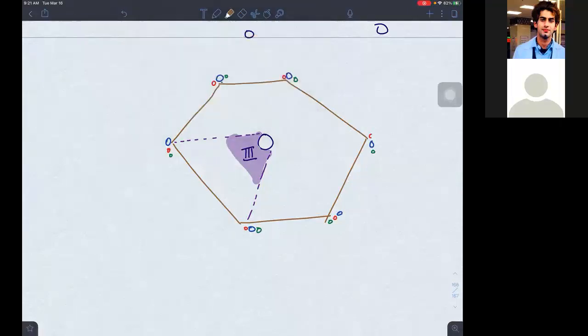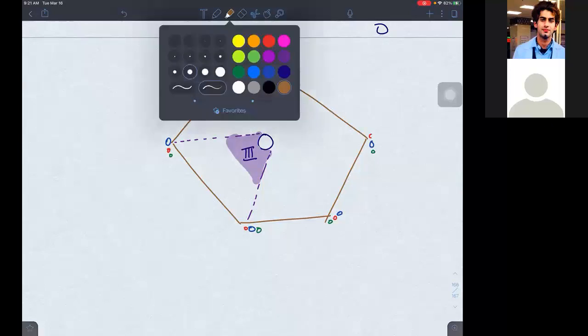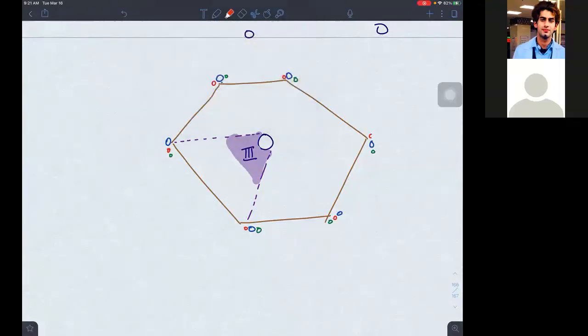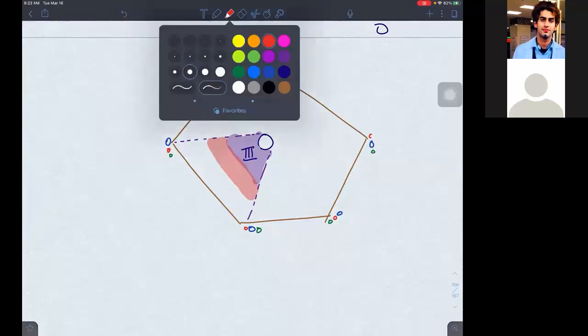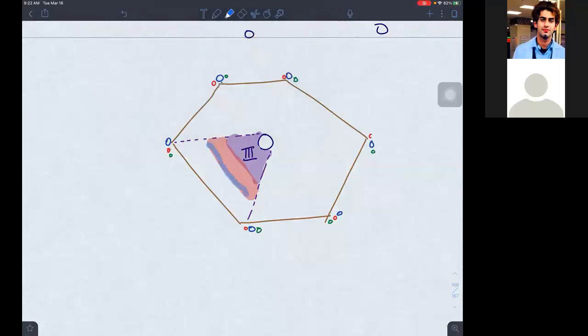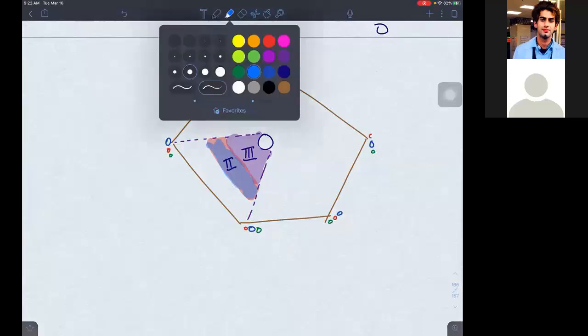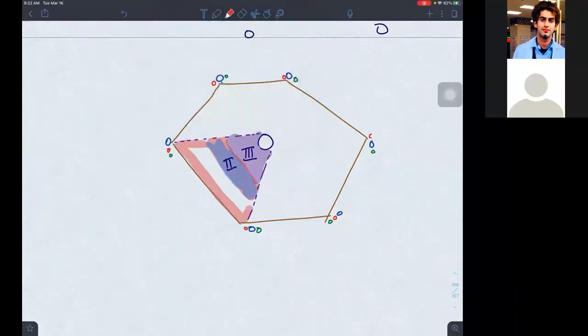This zone is a little bit reddish, a combination, isn't it? There is some reddish and some bluish combination. And this is whole red. So this is zone 1.